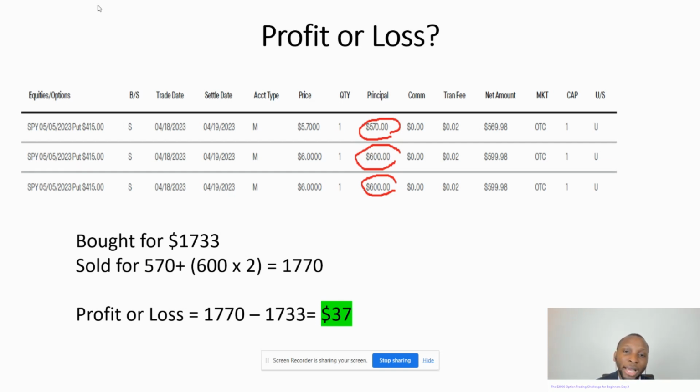I remember I had three contracts, and the average price was 578, and I sold two of them already at 600. If the average premium I bought at was 578, then the price of the contract would be about $578, and I sold that contract, for example, at 600.